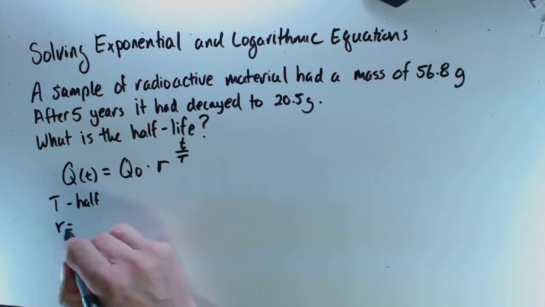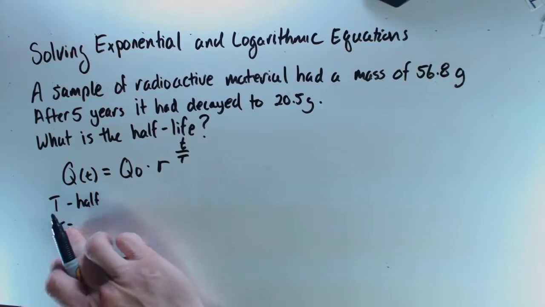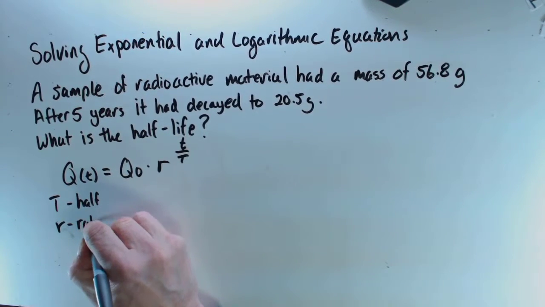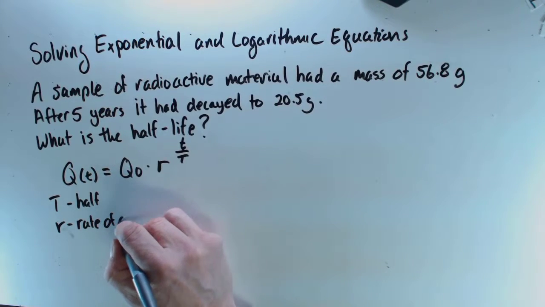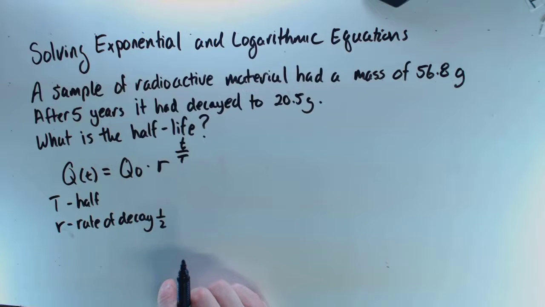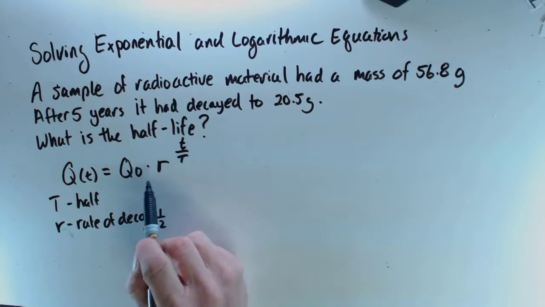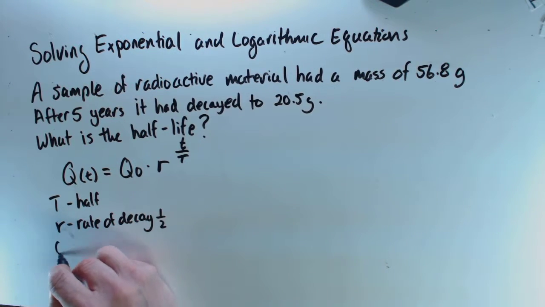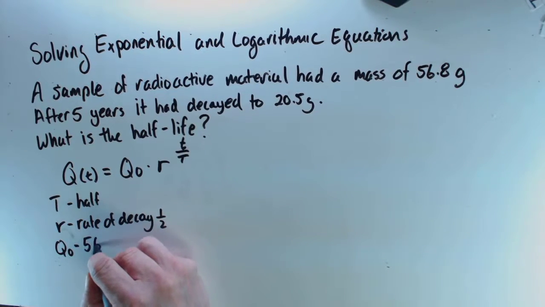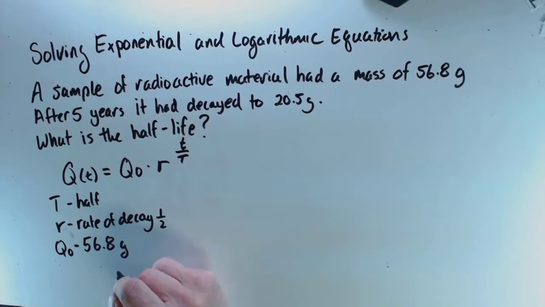R is the rate of decay. And so since it's a half-life, R is 1/2. Okay, the initial quantity, Q sub naught, well, that is 56.8 grams.